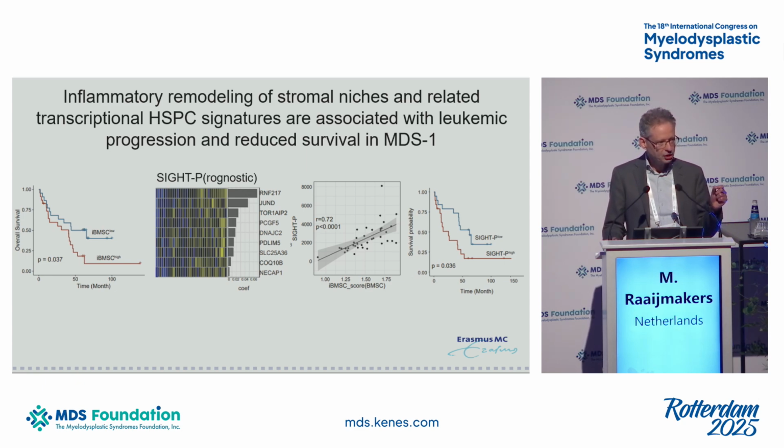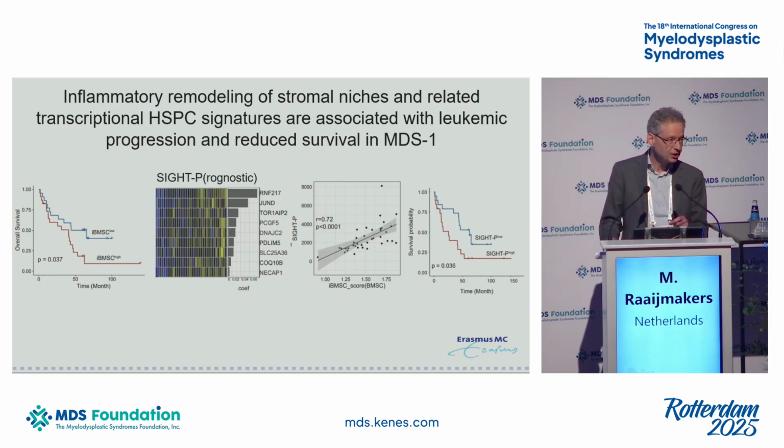If you now look again at the transcriptome of hematopoietic stem progenitor cells, but using that signature and then selecting genes that are of prognostic value, we can see that that inflammatory profile in hematopoietic cells is of course related to stromal inflammation and therefore also significantly related to outcome in this cohort.